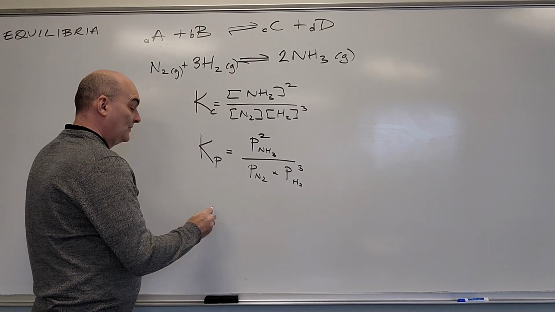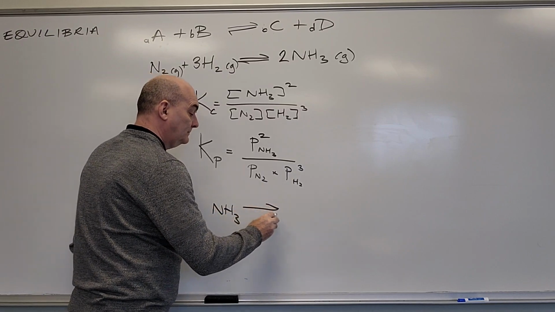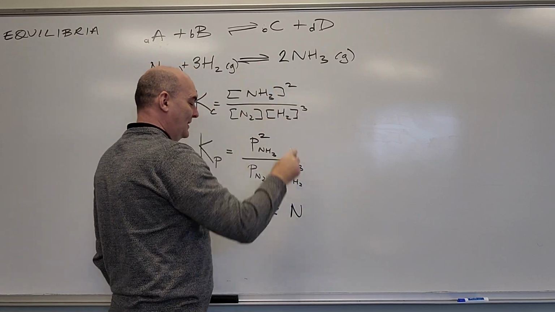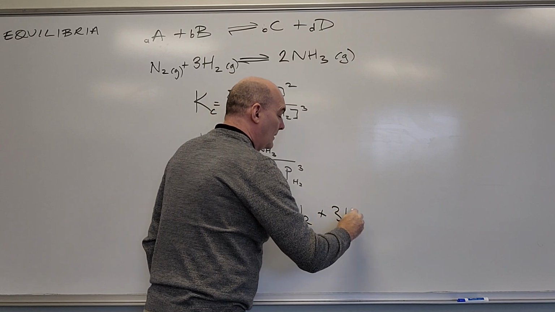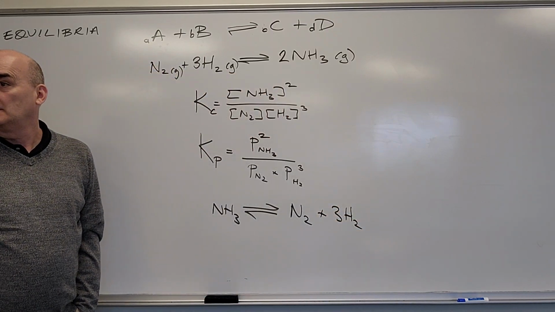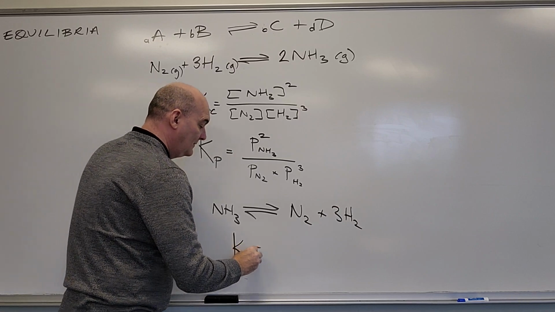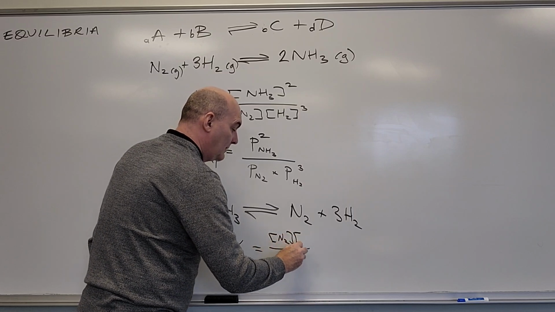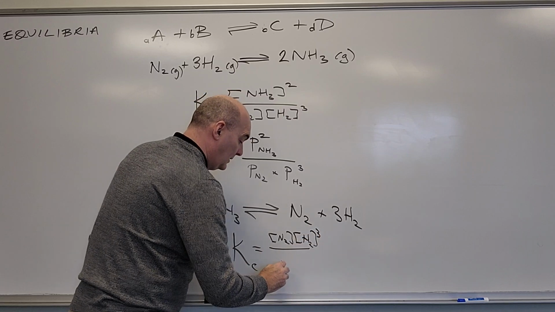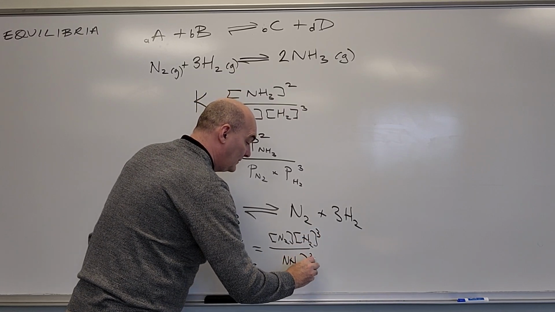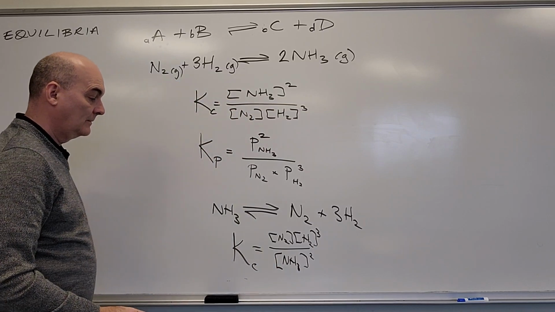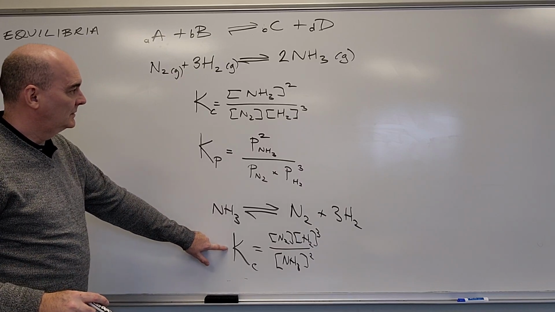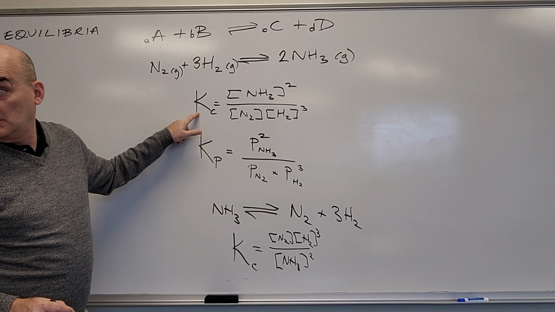If I said this is in equilibrium, and it absolutely is in equilibrium, because we've already established it's in equilibrium, then this K, if we write it as a concentration, is N2 over H2 cubed over NH3 squared. Oh. Okay. This is the reverse of that.